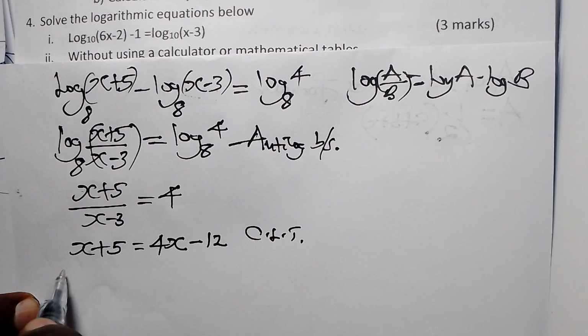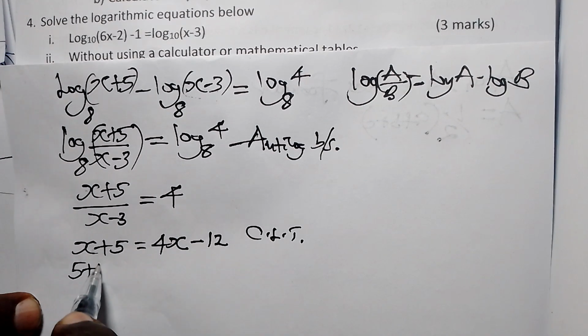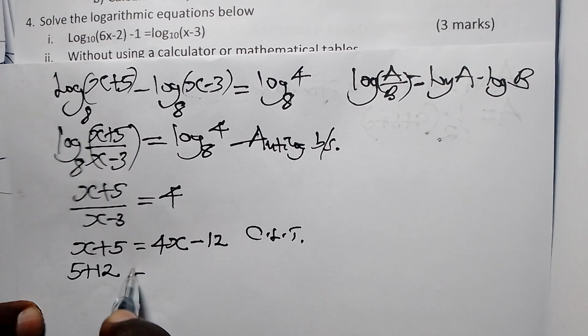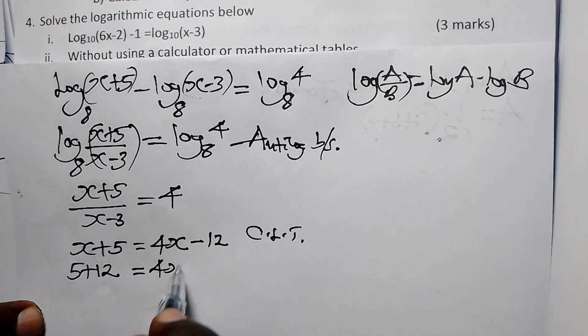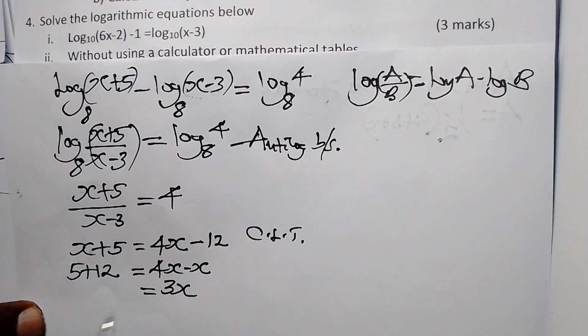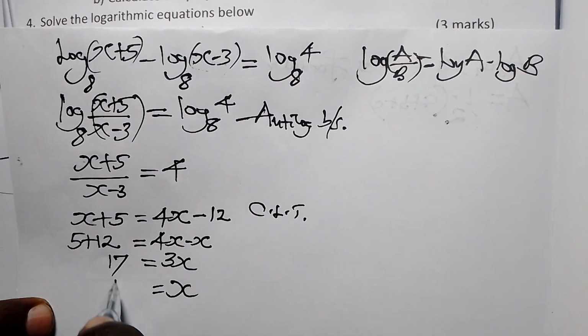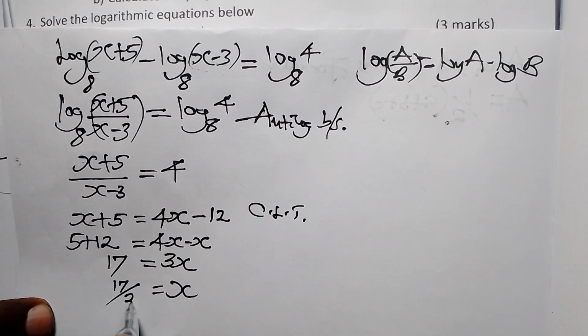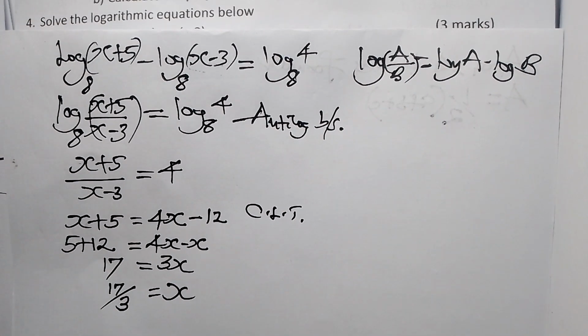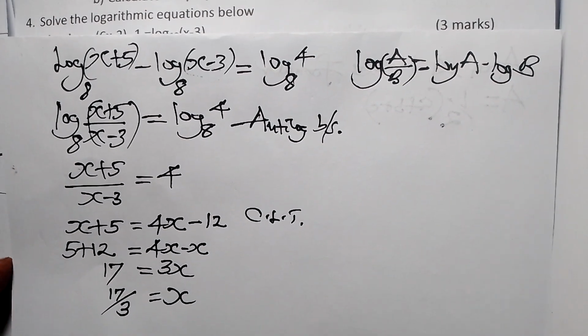So you're going to get 5 plus 12 to be equal to 4x minus x. So 4x minus x gives you 3x equal to 17. So x alone is equal to 17 over 3.